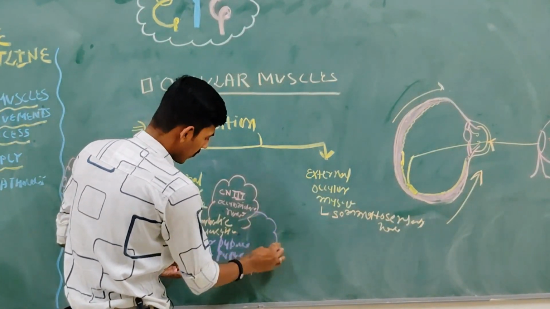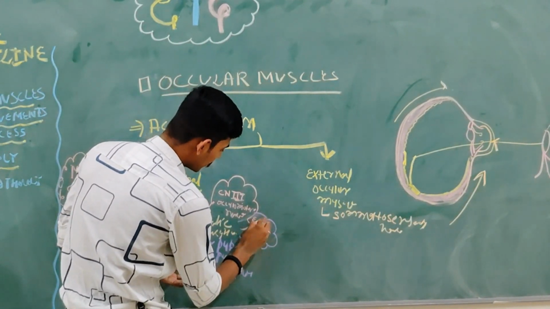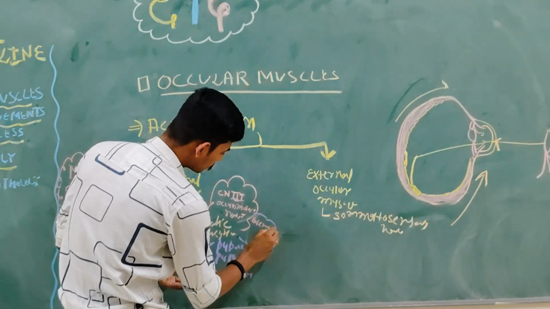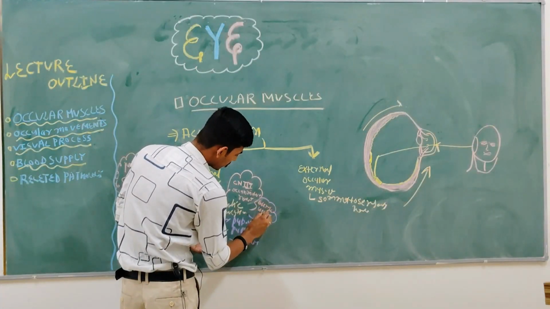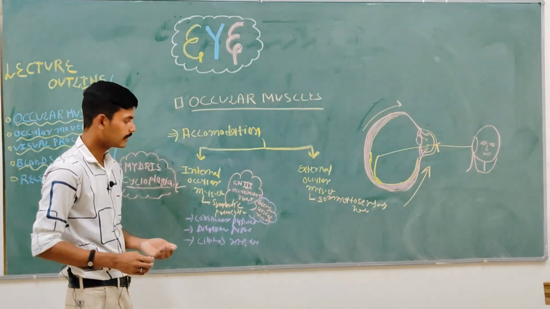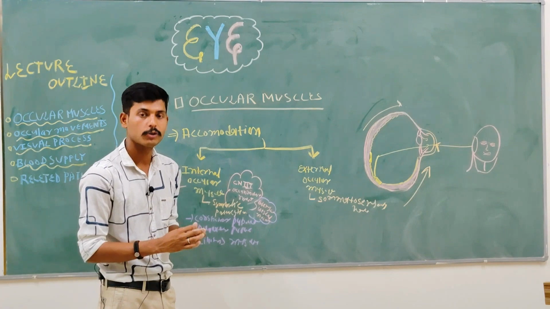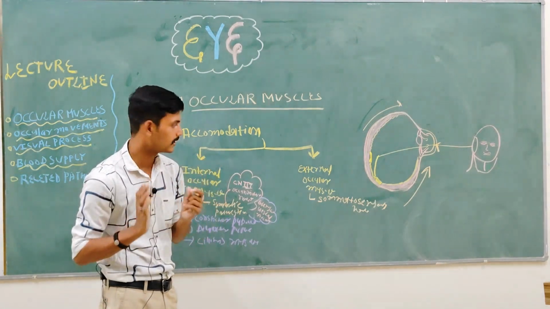The parasympathetic branch of the oculomotor nerve is given by the Edinger-Westphal nucleus. Clear? This nucleus gives one branch to the oculomotor nerve. The oculomotor nerve is generally a somatic motor nerve.